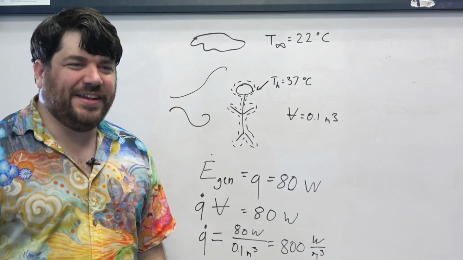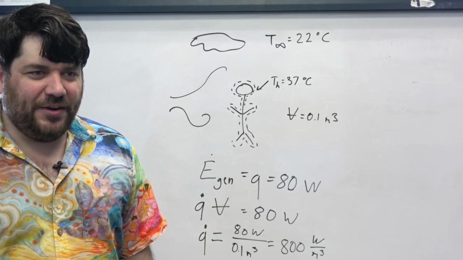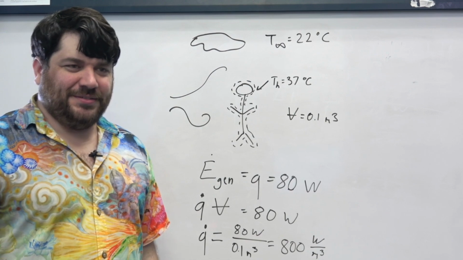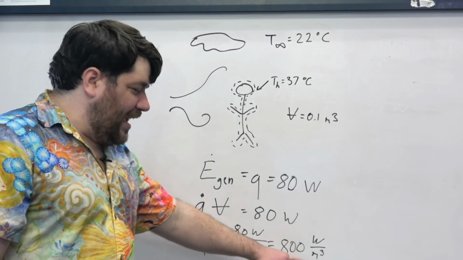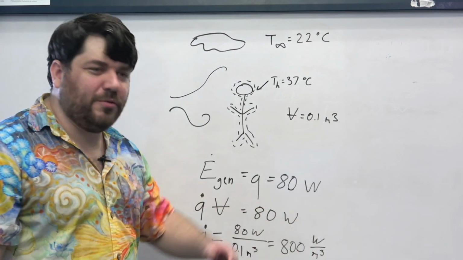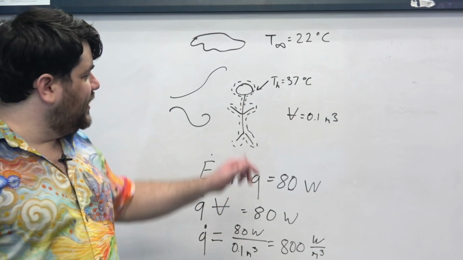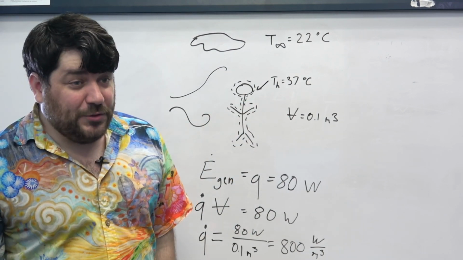And so our body needs to continuously transform other kinds of energy into thermal energy via a volumetric energy generation process that pulls out approximately 800 watts per meter cubed everywhere in order to be able to keep us at this temperature of 37 degrees Celsius. How does the body do that?